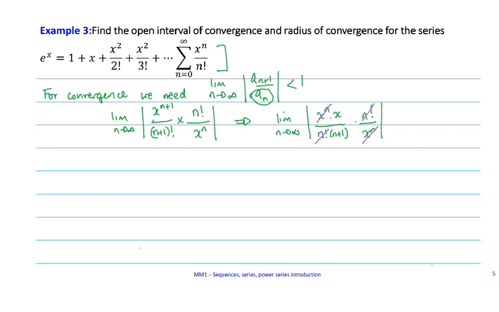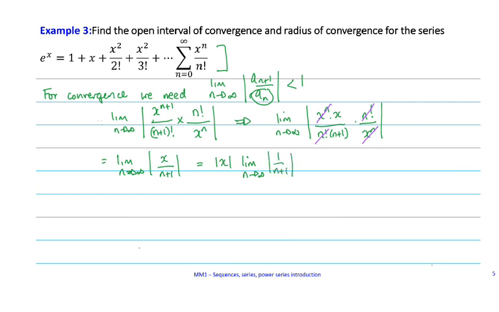and we'll be left with the limit as n goes to infinity of x over n plus 1. We can bring that x out the front because n is going to infinity.